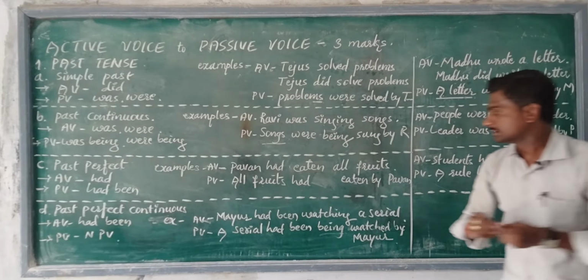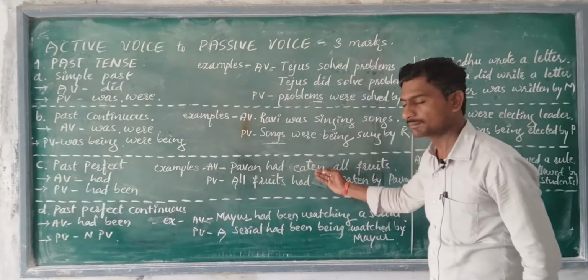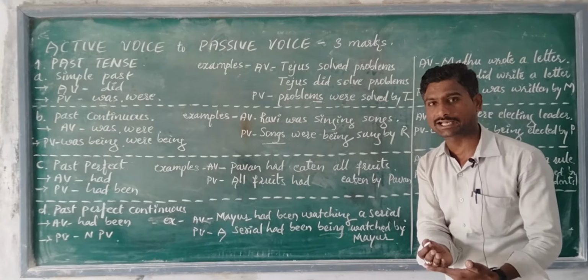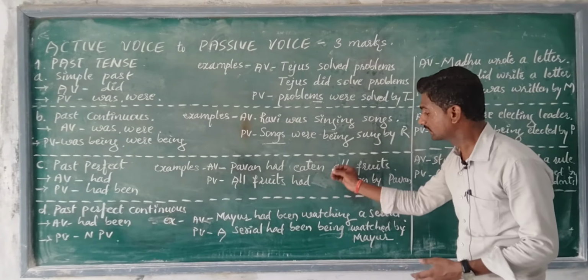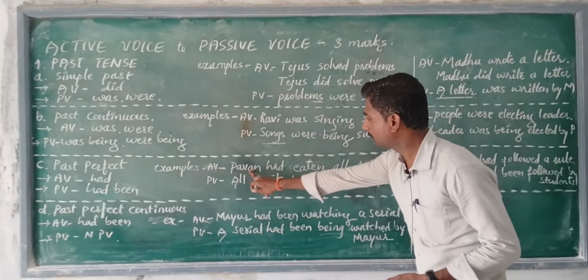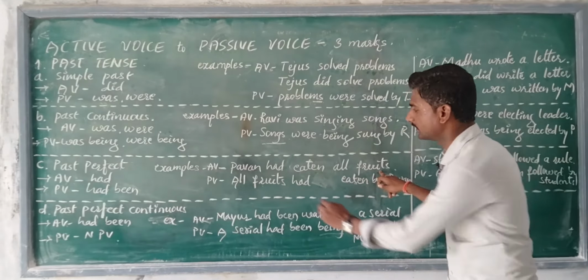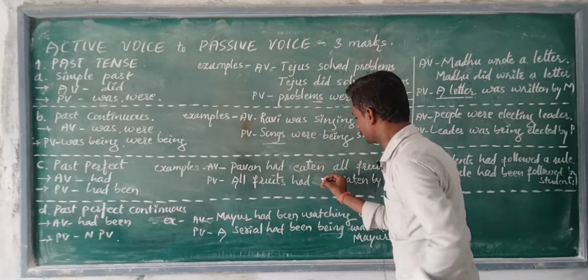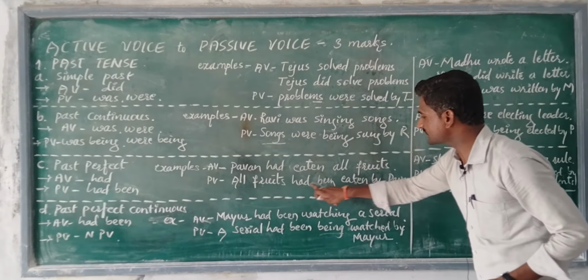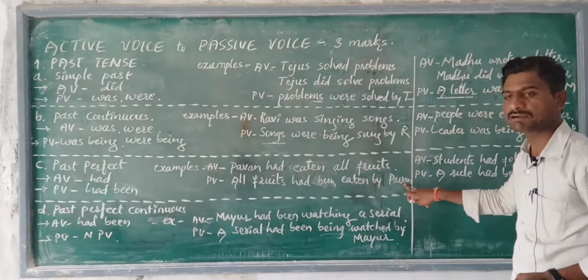There is no difference. For the difference and for well clarification, there is a special word for the passive voices to put in your mind. See here, Pavan had eaten all fruits. All fruits had. See here, the special word: been. All fruits had been eaten by Pavan.